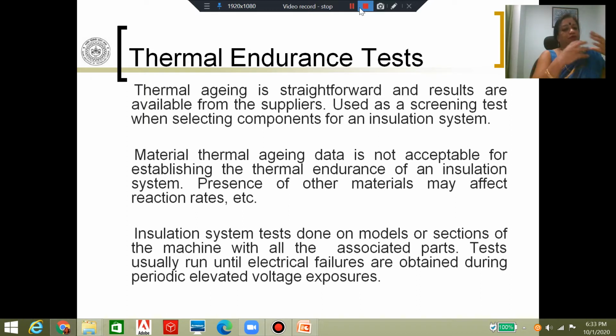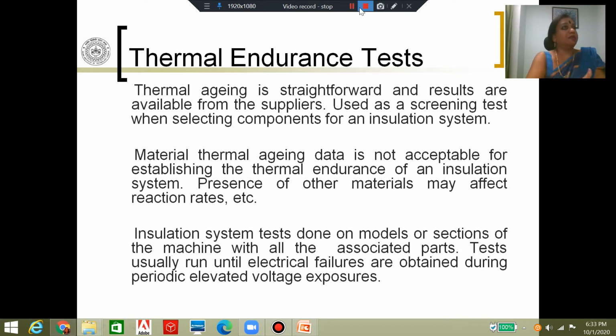So when you are performing thermal endurance tests on an insulation system, the insulation system has to be modeled such that it models the entire apparatus, entire machine, or the sections of the machine with all the associated parts. Once you age the material to a certain temperature, in order to estimate its behavior as an insulating material, we will probably apply electrical stresses on the material.